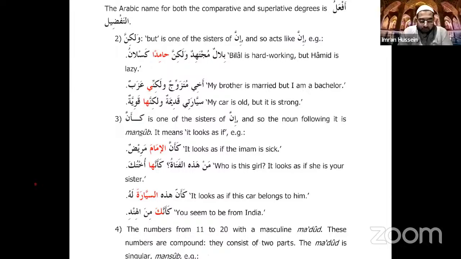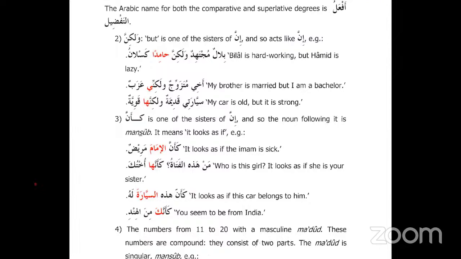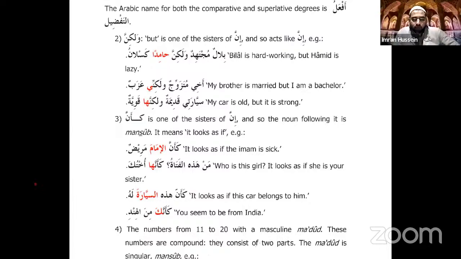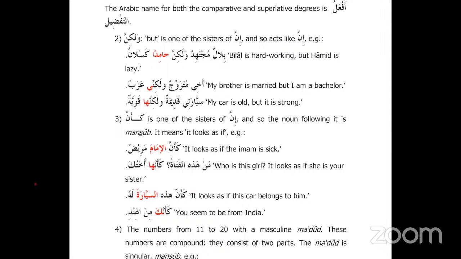Yes, please. Ka'anna is one of the sisters of inna, and so the noun following it is mansub. It means it looks as if. Example, Ka'anna al-imama maridun. It looks as if the imam is sick. Man hadihi al-fatatu?